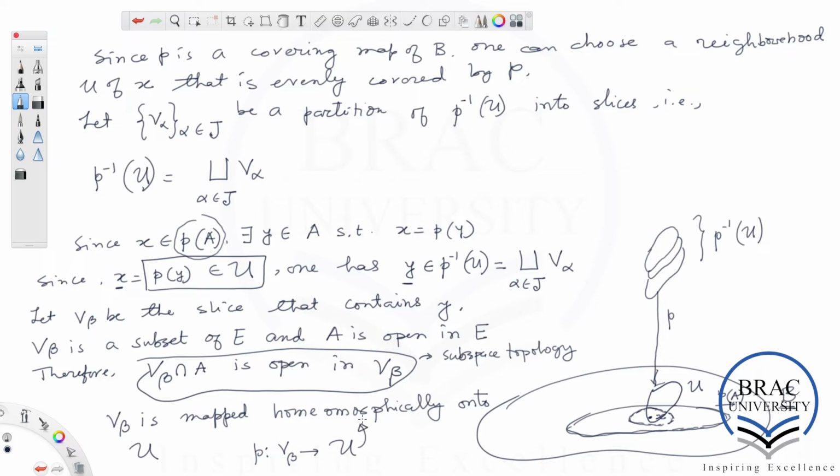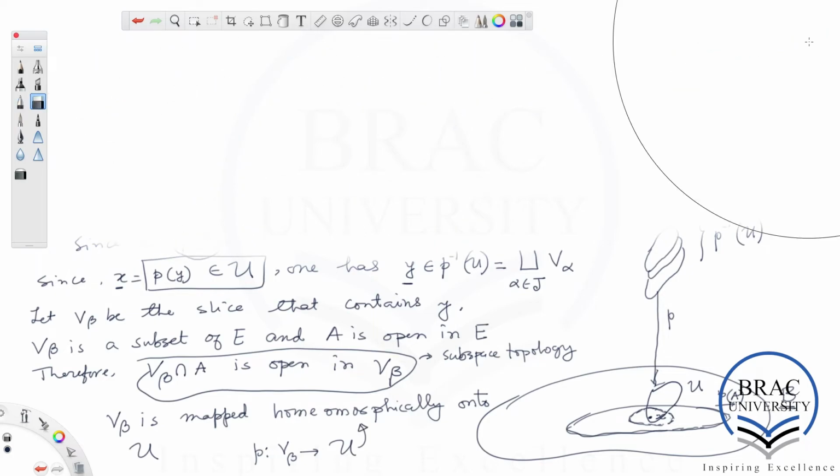From the definition of homeomorphism, any open subset of V beta under the map P is going to be an open subset of U. Okay? Hence, P of V beta intersected with A is open in U. Follows from the definition of homeomorphism. Okay?